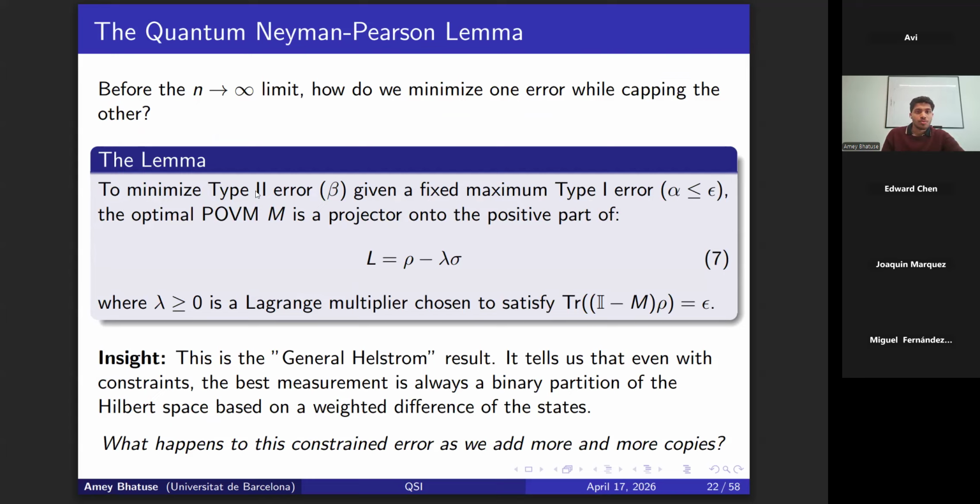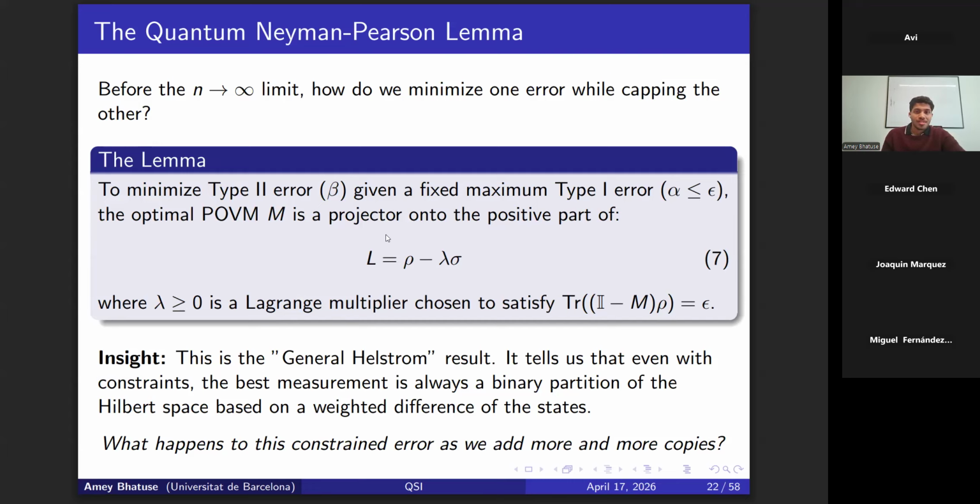To minimize the type 2 error, given a fixed maximum type 1 error, there's an optimal P of M, which is a projector onto the positive part, the positive eigenvalue part, of this operator that I've mentioned. Lambda is the Lagrangian multiplier chosen to satisfy this condition. And this is the quantum Neyman Pearson lemma.